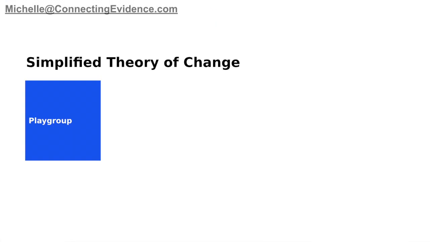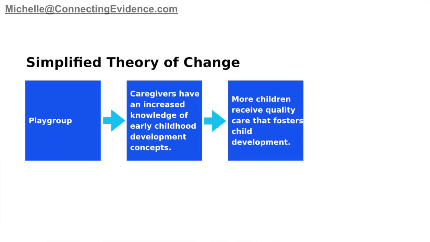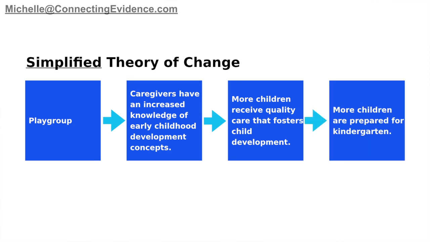Our theory of change here is that if we help caregivers learn these early childhood development concepts, they will be better able to provide quality care to the children they're responsible for. And if these children have access to quality care early on, they will ultimately have the tools and resources they need in order to be prepared for kindergarten.